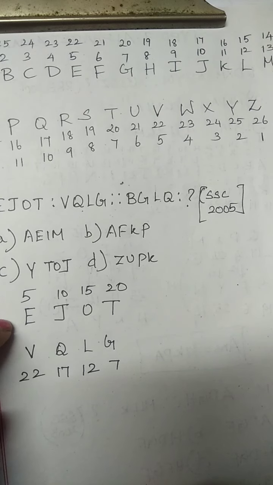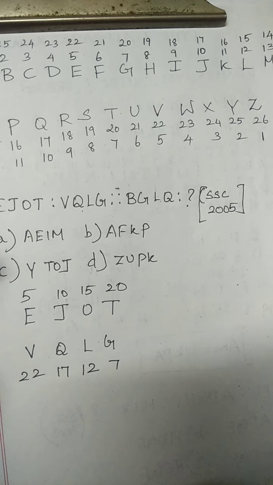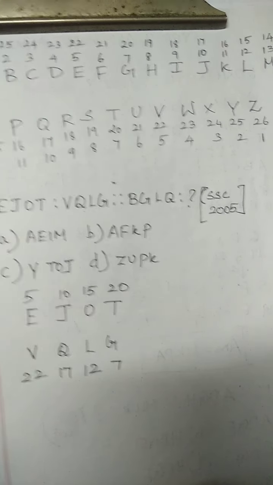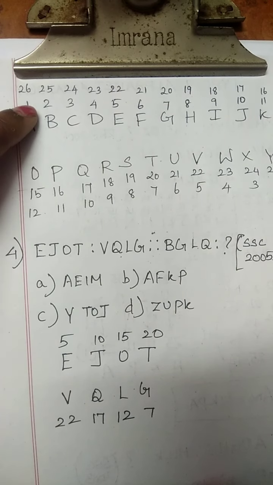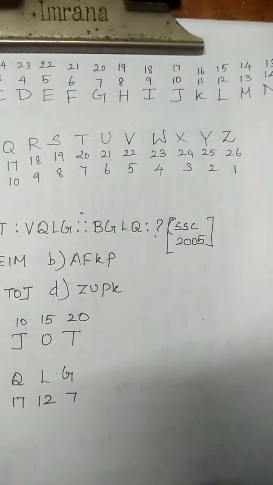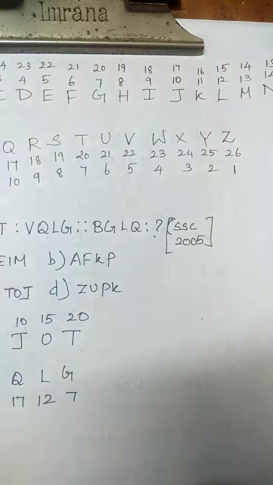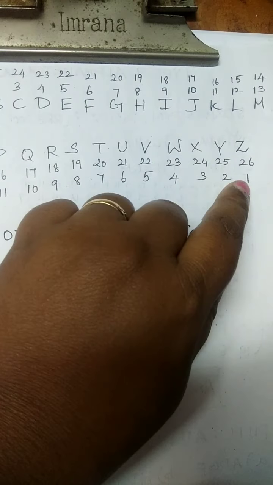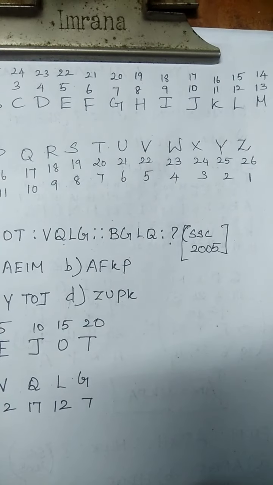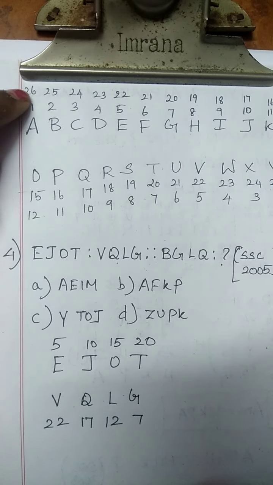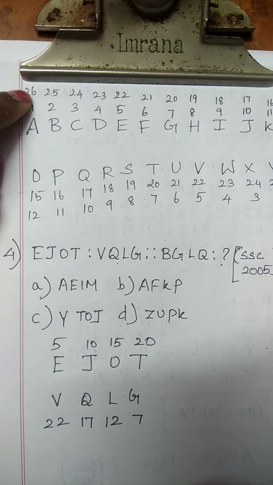If you check the alphabet in alphabetical order and also in reversal order, we number it: A as 1 up to Z as 26, and in reversal order Z as 1 up to A as 26.